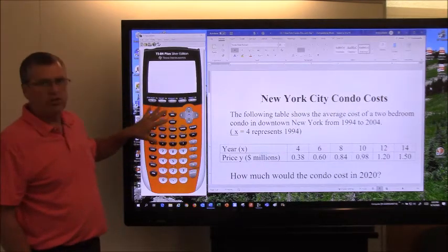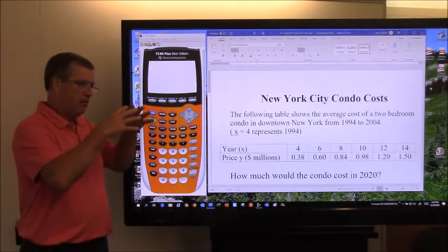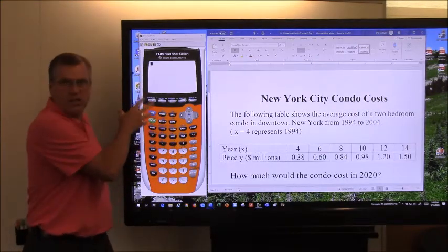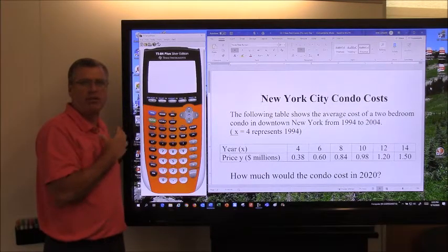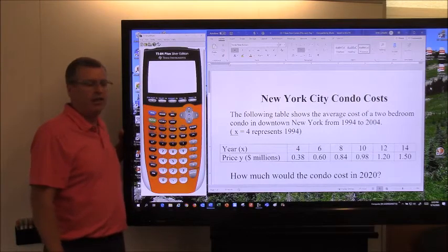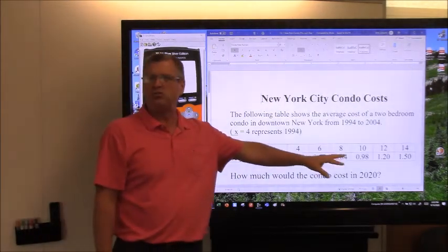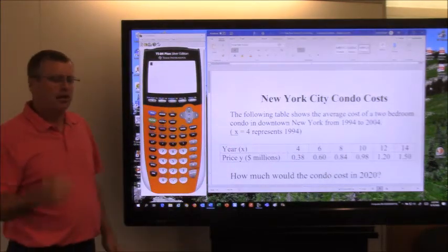Now, the thing we should understand about the graphing calculator is it has a built-in procedure, they call them algorithms, where it's going to get the right answer. Last time, we had to guess at what we thought was the best fit line, and the answer we got at the end, remember, was something like $3.263 million, about 3.2 million.